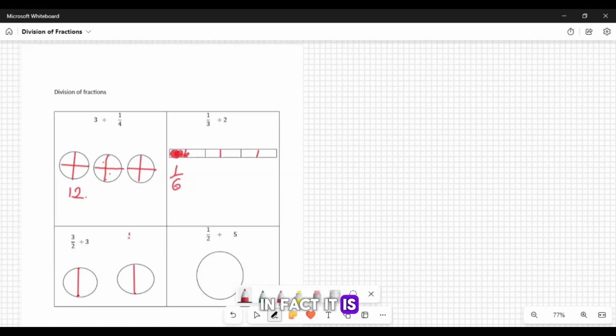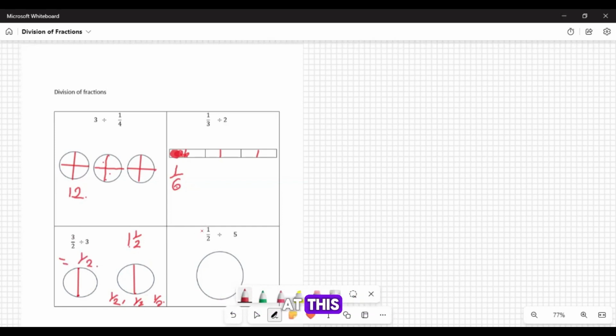In fact, it is 1/2. So we can have 1/2 and half. Have you seen it? So that is a representation. So half, half, and half. So 1/2 divided by 3, and so the answer is half.